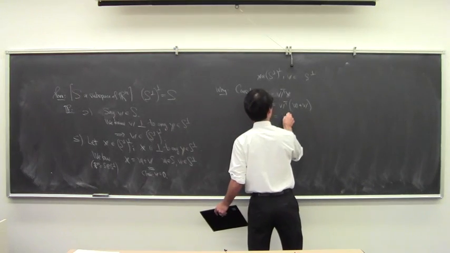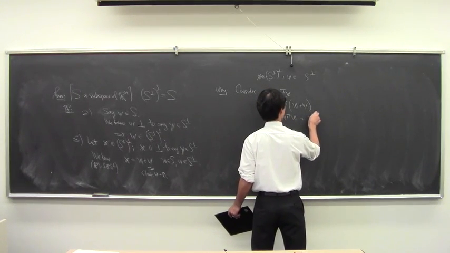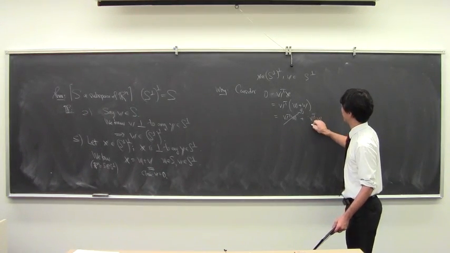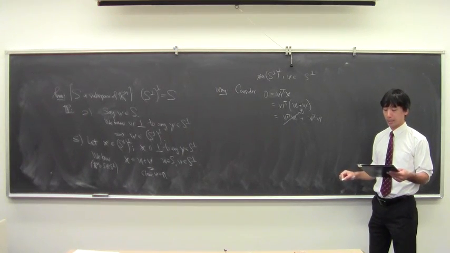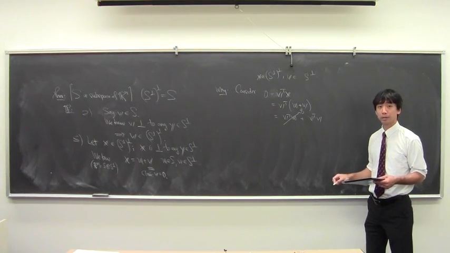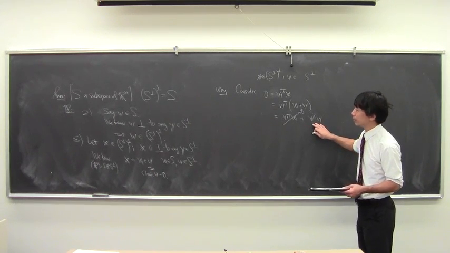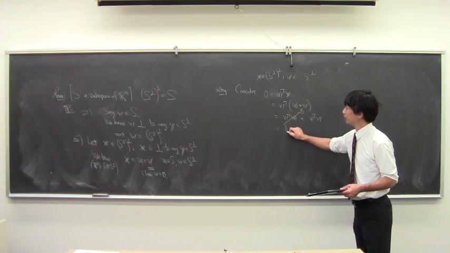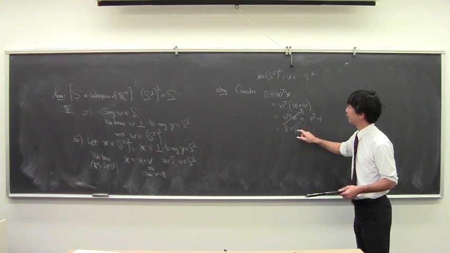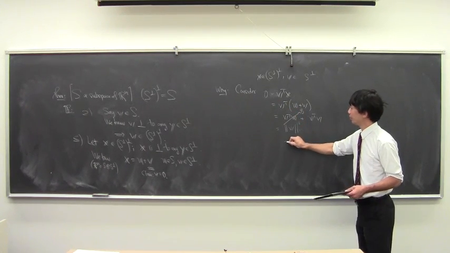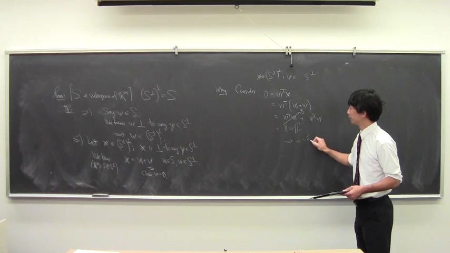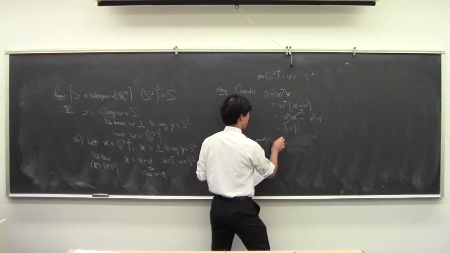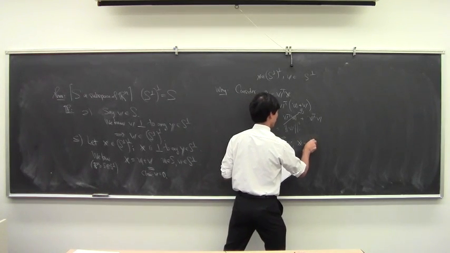We get V transpose U, which is 0, plus V transpose V. And that shows us that V is 0, which is what we're hoping for. That tells us that the magnitude of V squared is 0, which tells us that V is the 0 vector. And so X is actually U, which is in S.